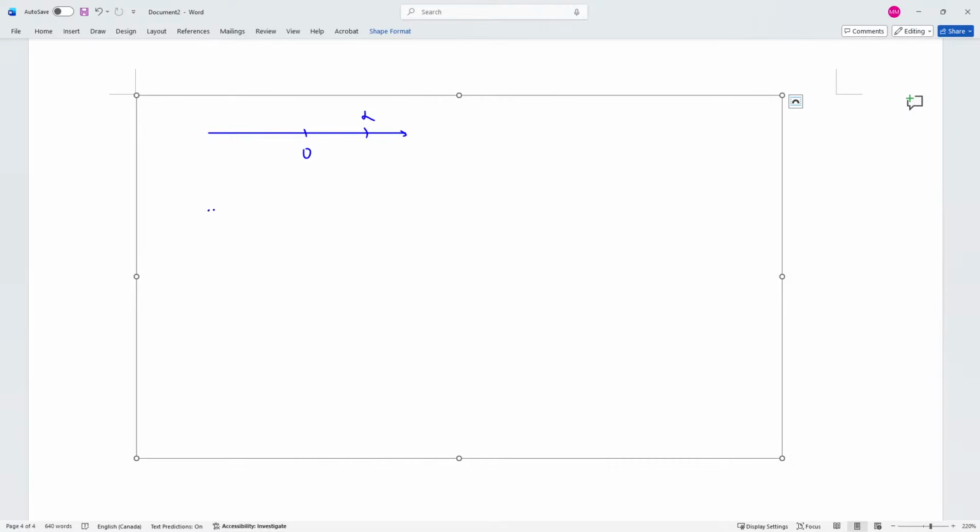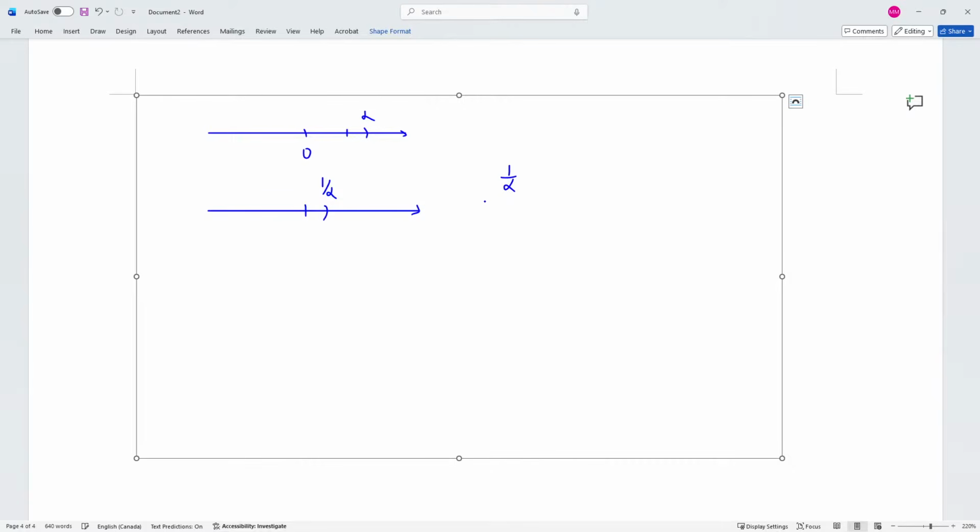So 1 over alpha must be positive. We want it to be positive. This is a design choice. This is 1 over alpha. Here I'm obviously assuming alpha is greater than 1, but it doesn't have to be. So what is 1 over alpha?